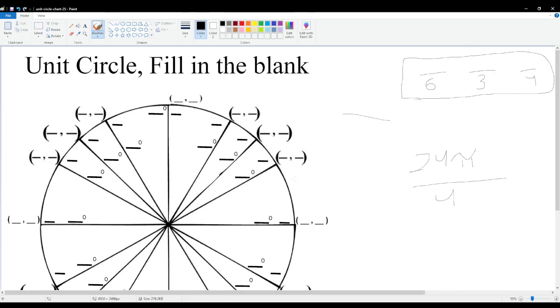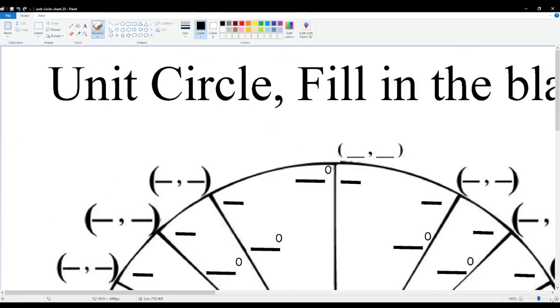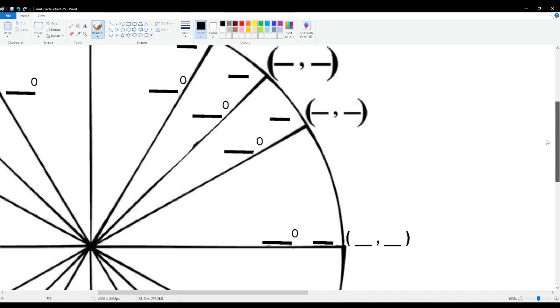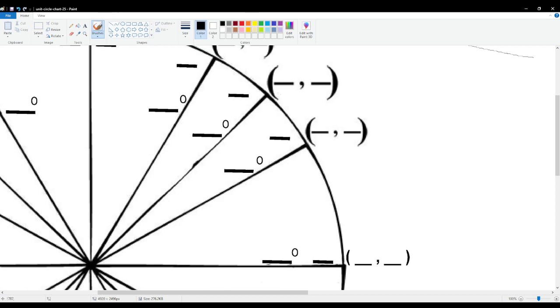So, for the first quadrant of the unit circle, it's all 1. So it's just pi over whatever, pi over whatever. Pi over 6 because it's a 30-degree angle. Pi over 4. Pi over 3.